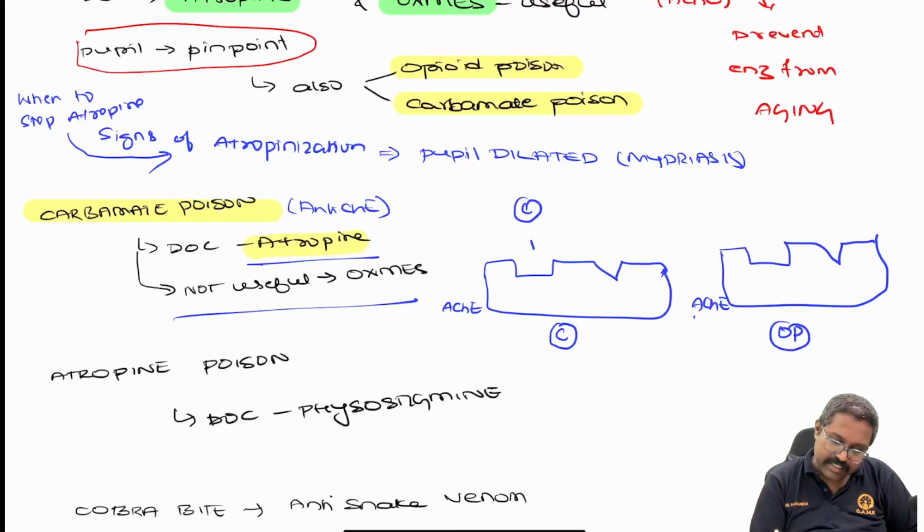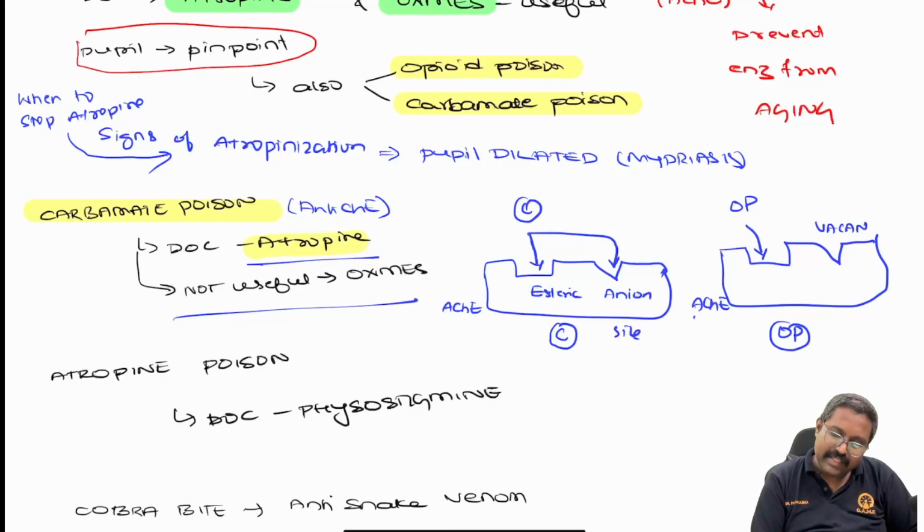There are two sites. One is the ester site, and this is the anionic site. So carbamate will bind to both the ester site as well as the anionic site. Whereas in case of the OP compound, it will bind only to the ester site, and the anionic site will be vacant.